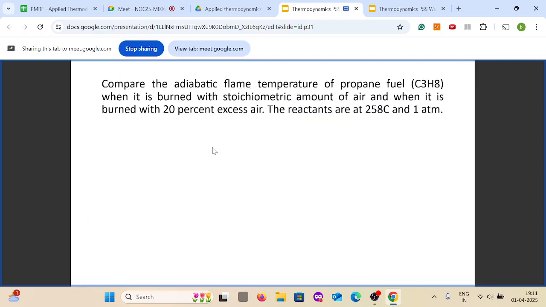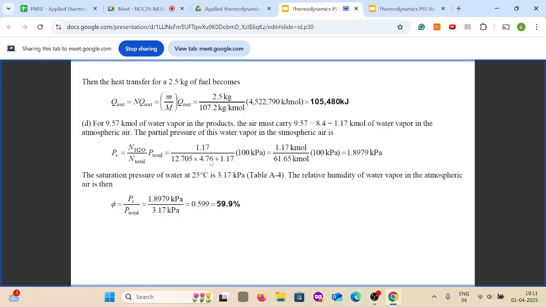So 12.705 into 4.76, because 1 mole of air contains a total of 4.76 moles of oxygen and nitrogen. So 12.705 into 4.76 plus the mole of water will give you the mole fraction of water, into your total pressure. So your partial pressure is 1.8979 kilopascal.